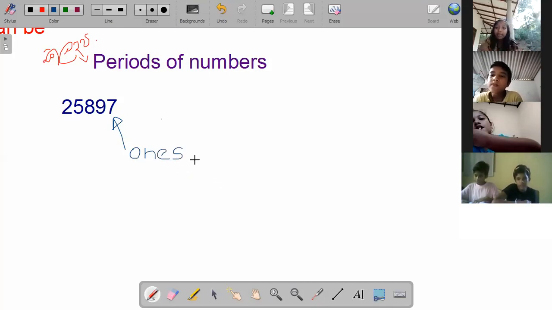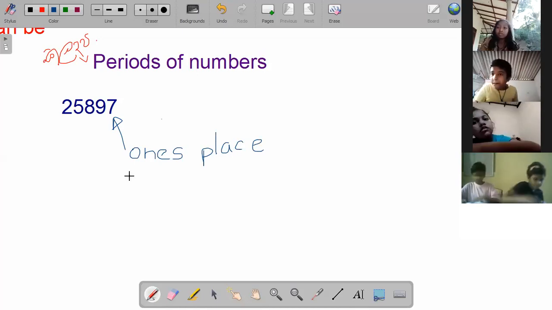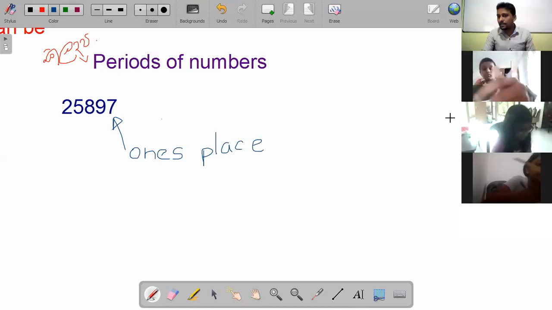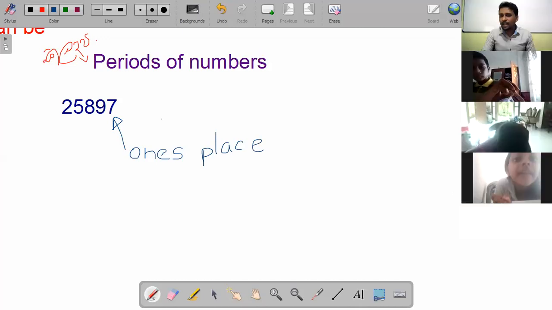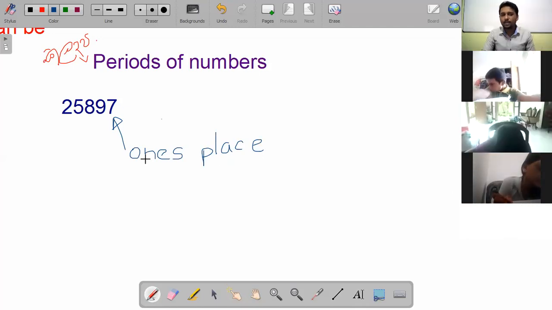Later we can discuss this one, okay? Ones place. I think in your grade 4-5 classes you studied this one as how? කොහොම කියලාද මේ අන්තිම ඉලක්කමට කිව්වේ? එක ස්ථානය නේද? That's the meaning of ones place.